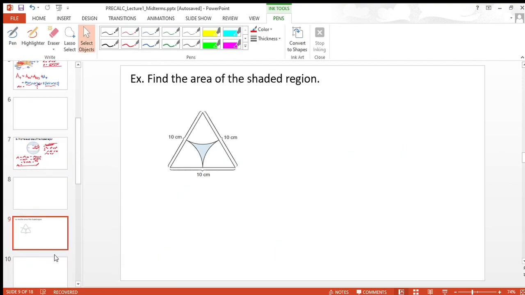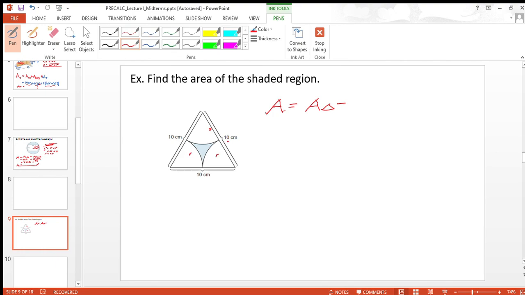Next example. In the next example, we have this figure. Again, we are after the area of this shaded region. Analysis will tell us that if we want to get the total area, we have the area of the triangle, this whole area here, minus, how do we get these three things here?